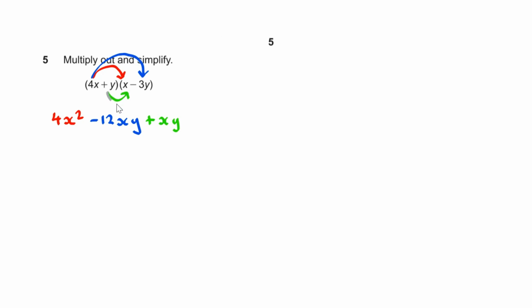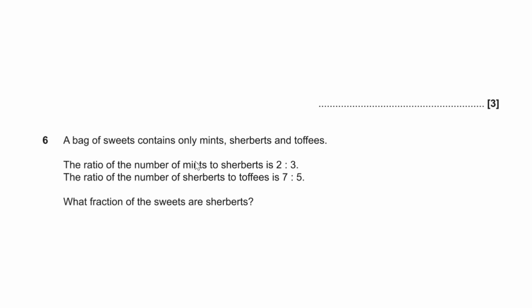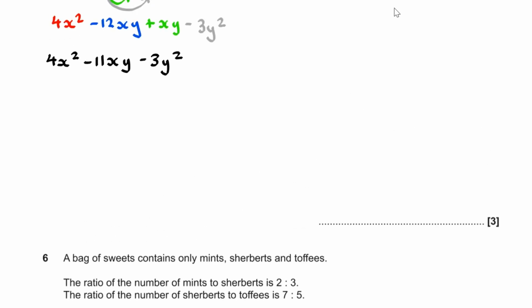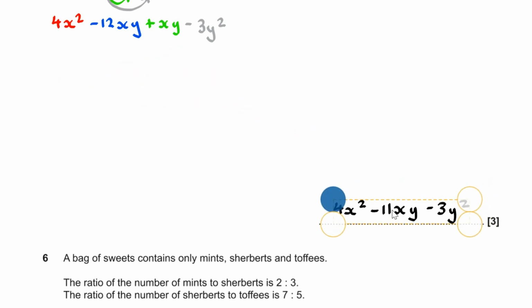And then we have y times by minus 3y, which is minus 3y squared. And therefore, if we simplify all this, we would have 4x squared. We've got minus 12xy plus xy, so that's minus 11xy. And then we've got minus 3y squared. So this is our answer.